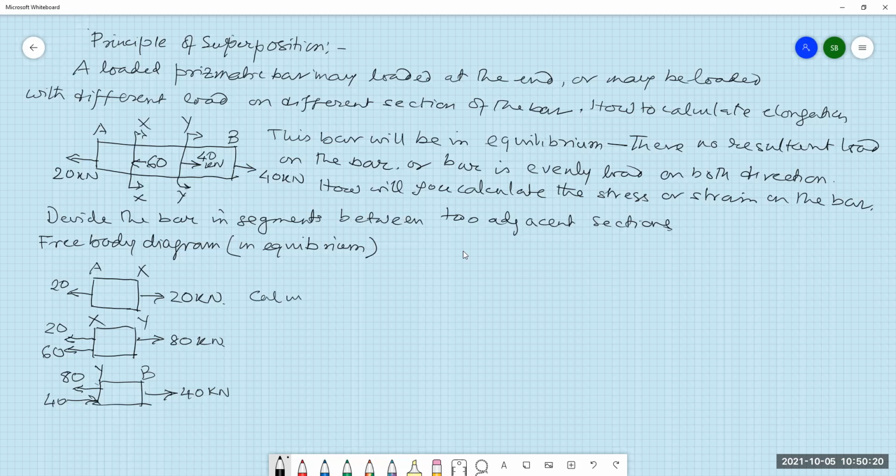Calculate stress and strain on individual sections, and add together.